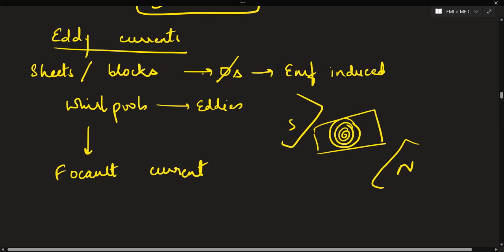They also oppose the change in magnetic flux, so their direction can be given by Lenz's law. This is the basic that you should remember.